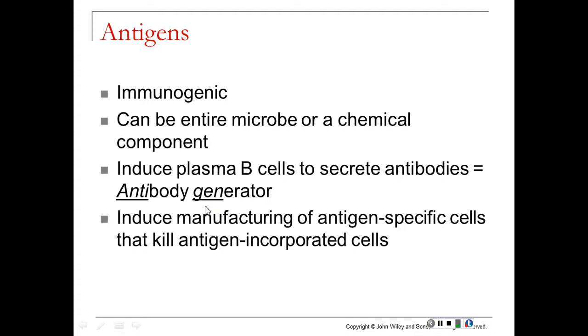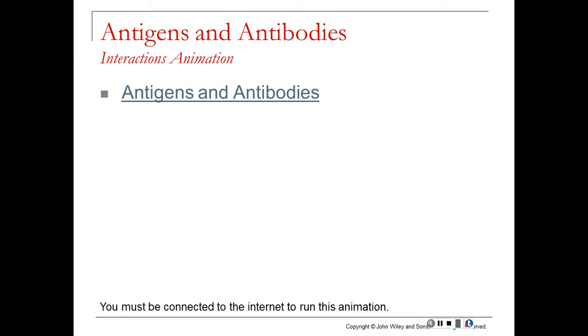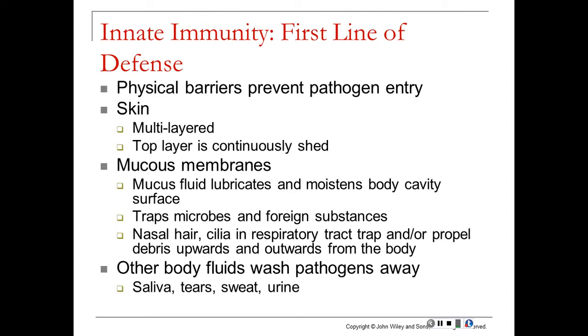So an antigen is going to generate antibodies. They're going to induce the manufacturing of antigen-specific cells that kill those antigen-incorporating cells. So in other words, these antigens are going to set out a full-blown specific attack on that invader. This animation here goes through the relationships between antigens and antibodies.